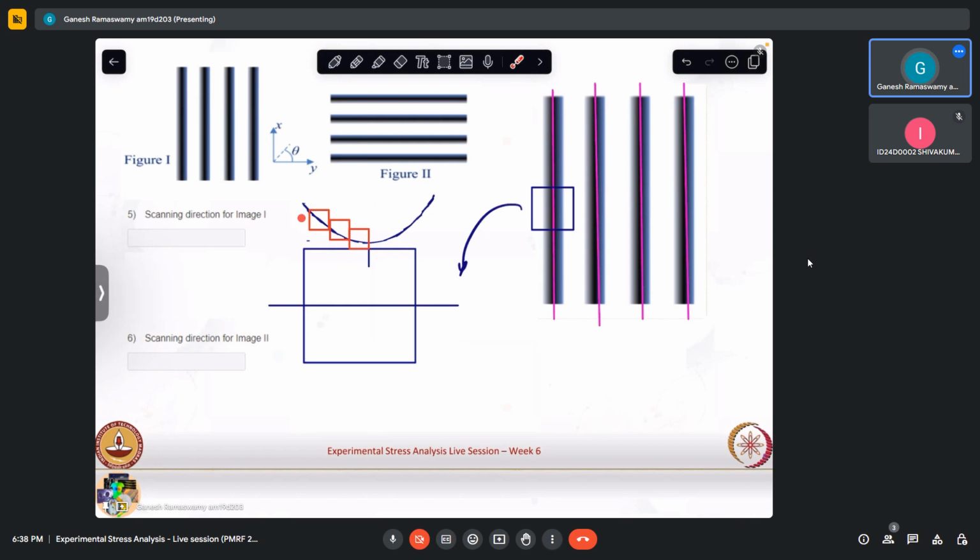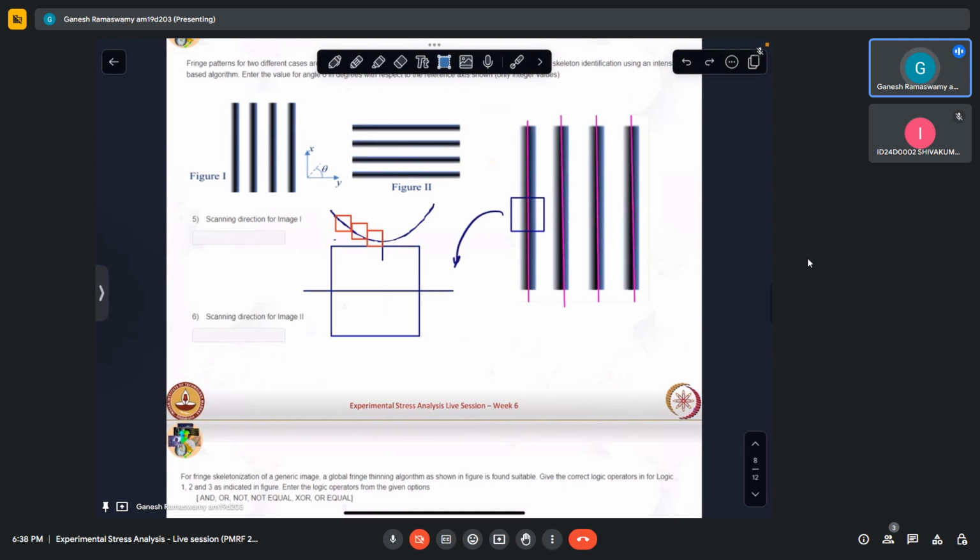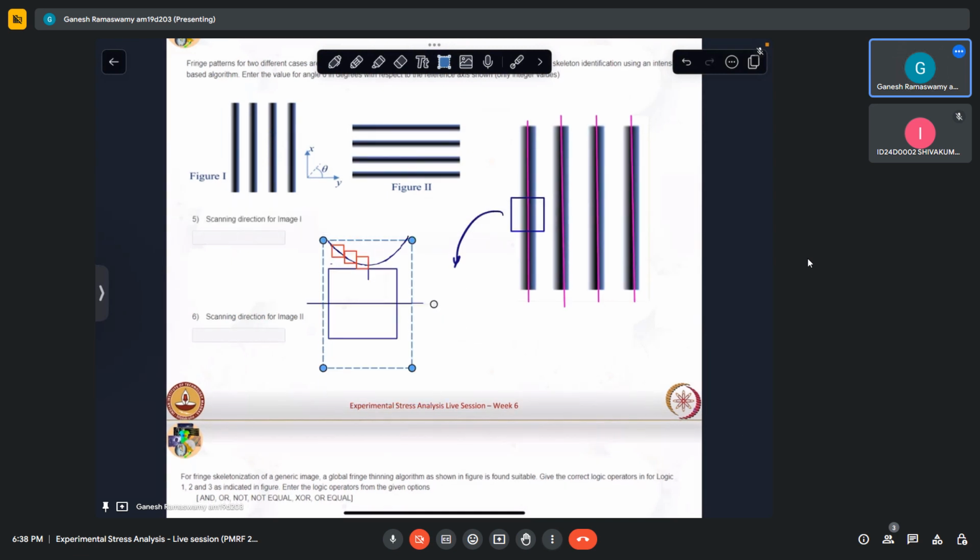So like this it will perform that, and basically it will erode this. On the first scanning, it will basically erode the first pixel and the last pixel. Then when the scanning is done again, it will erode this pixel. So subsequently, at the end of this process, what we will be left with is the fringe skeleton.